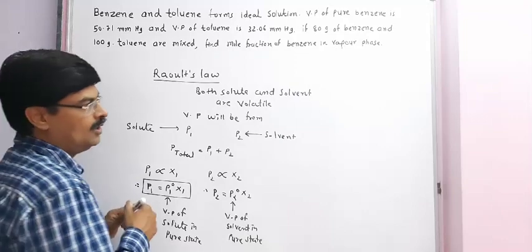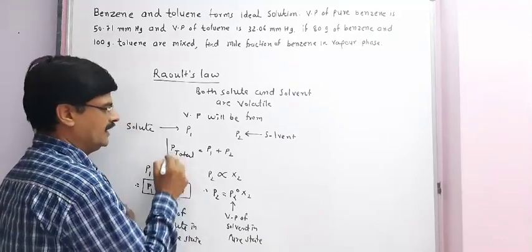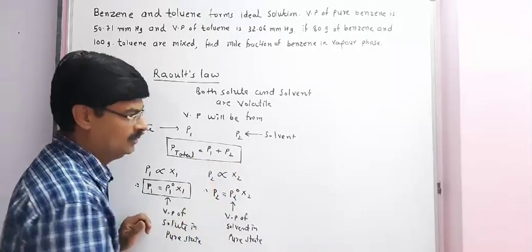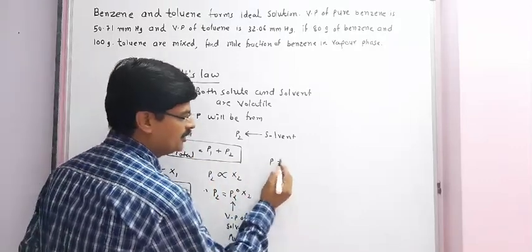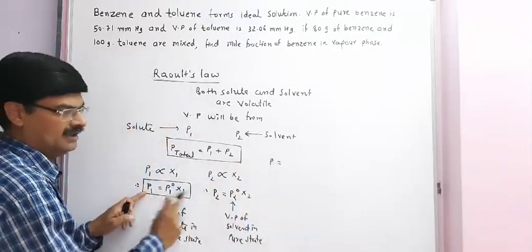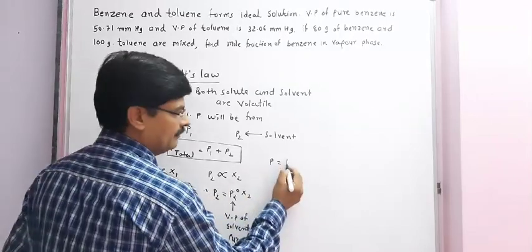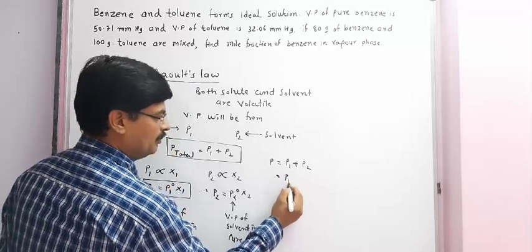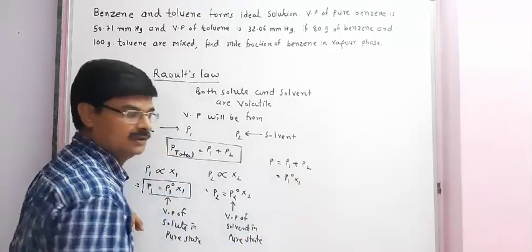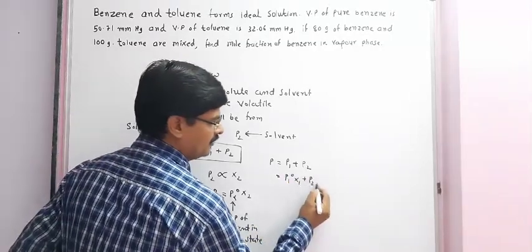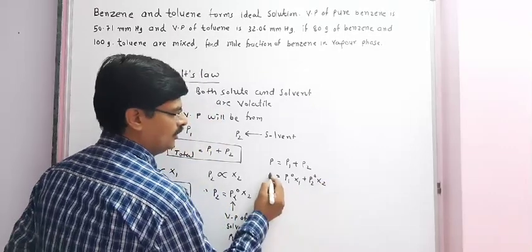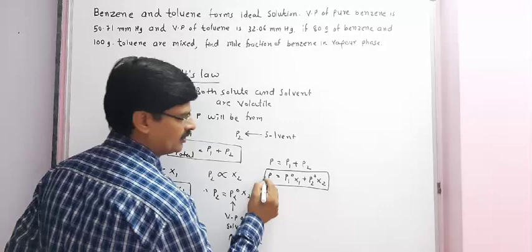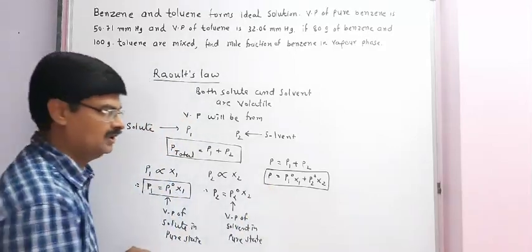Now, according to Raoult's law, P total is equal to P1 plus P2. If we substitute the P1 and P2 values, we will get P1 naught X1 plus P2 naught X2. So P total is equal to P1 naught X1 plus P2 naught X2.